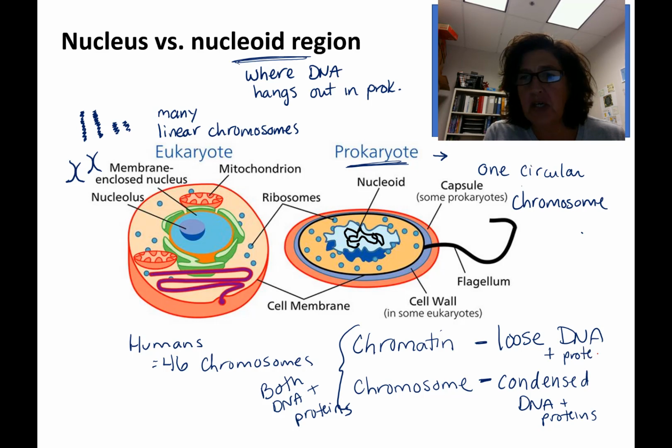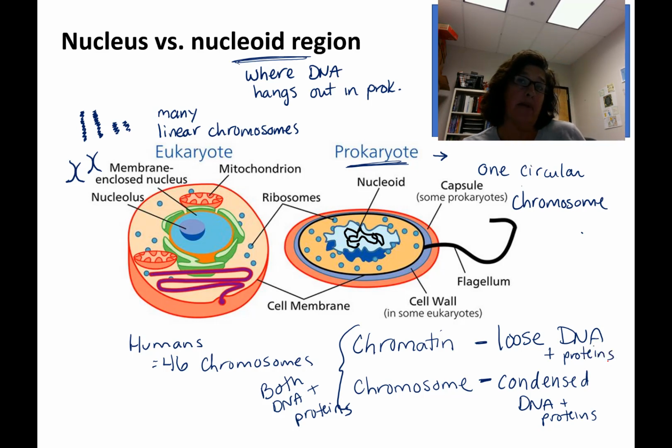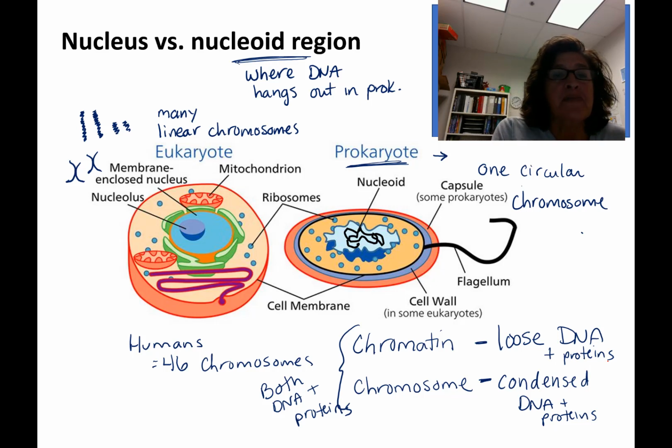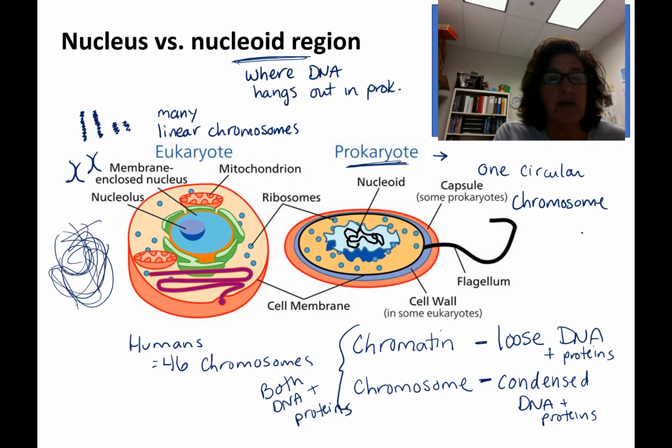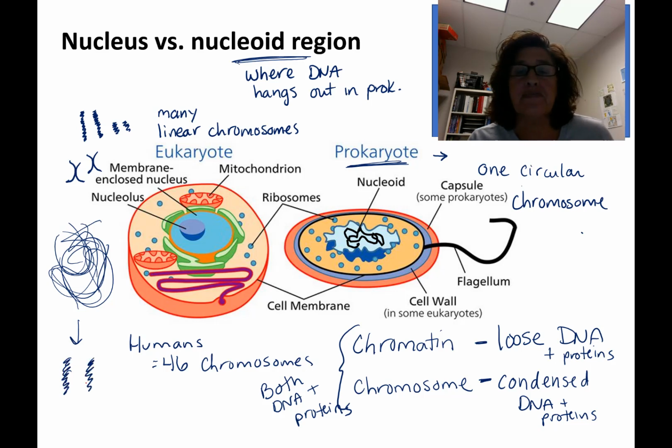So when we talk towards the end of the semester about mitosis and meiosis, we'll talk about how early on all these linear DNA pieces are just all stringy, and then as we get ready to divide the cell, they all get nice and condensed and organized.